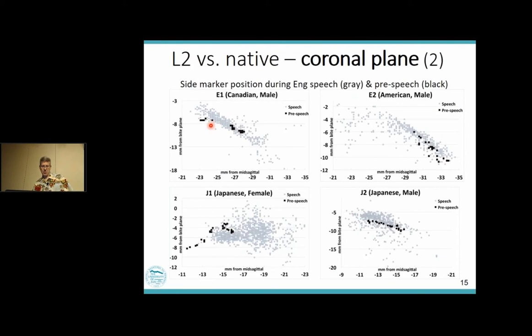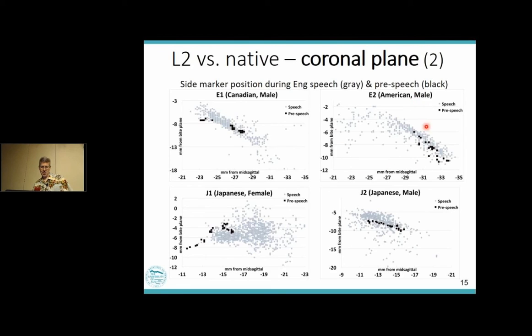So in this slide, what you see is the position of the side marker in the coronal plane. This is the coronal plane. So this is millimeters from the bite plane. So this up here, number 3, is 3 millimeters down from the bite plane. So the bite plane's up here somewhere for this participant. This is a Canadian male participant, so native English speaker.